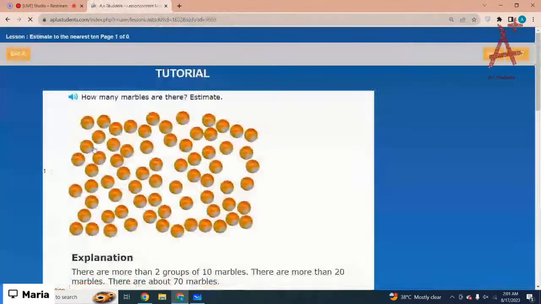Okay, how many marbles are there? Estimate. So basically you don't have to count them, right? You just have to estimate the answer.